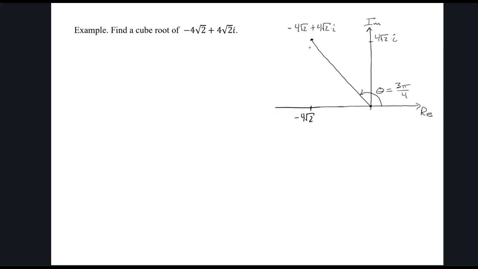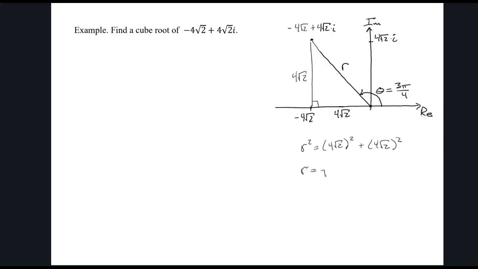The radius here for this complex number we can get using the Pythagorean theorem on this right triangle. So r squared equals 4 root 2 squared plus 4 root 2 squared.